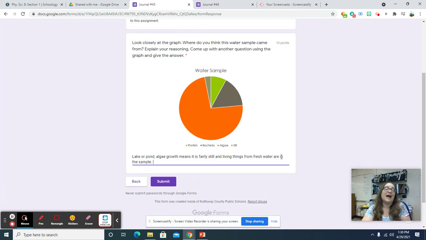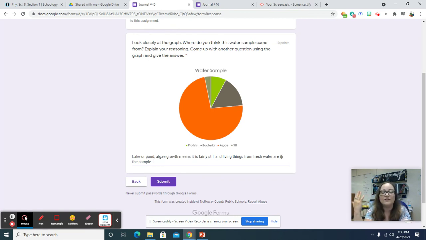And then for the next one, you need to come up with another question about the graph. Now, it can be something as simple as, what's the largest thing that was represented? And algae would be the answer. Or you can think of another question kind of like I've got, where you're doing more like having to reason instead of just straight reading the graph.